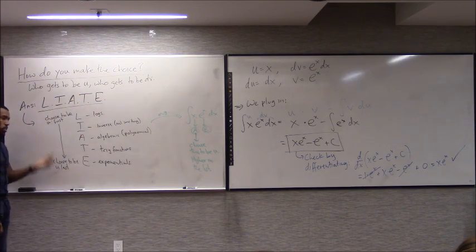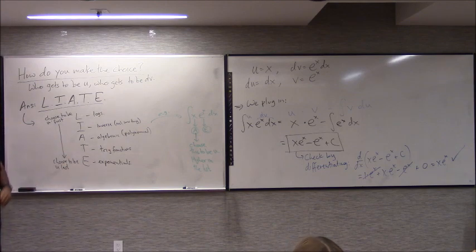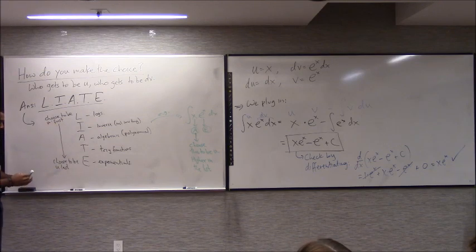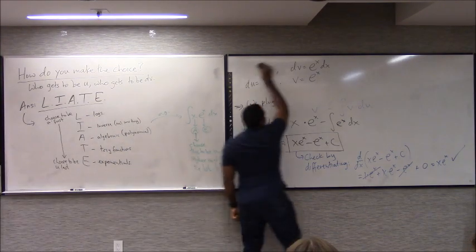So we have the integration by parts formula. We have to apply that formula. In order to apply the formula, we have to choose these functions, and Liate is how you would make the choice. Okay, so let's do another example.